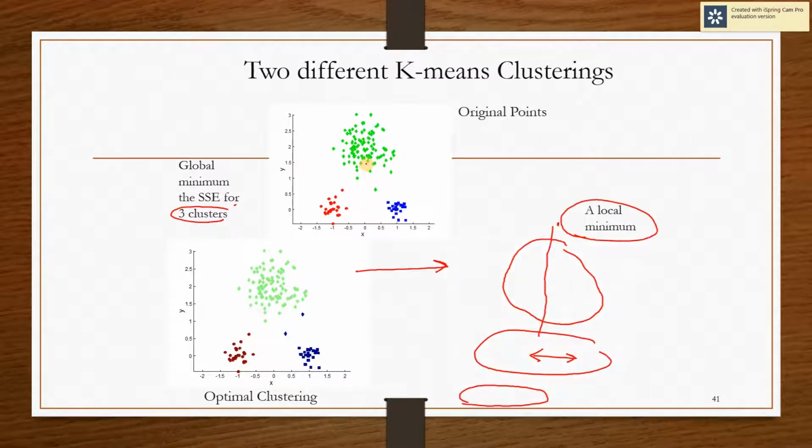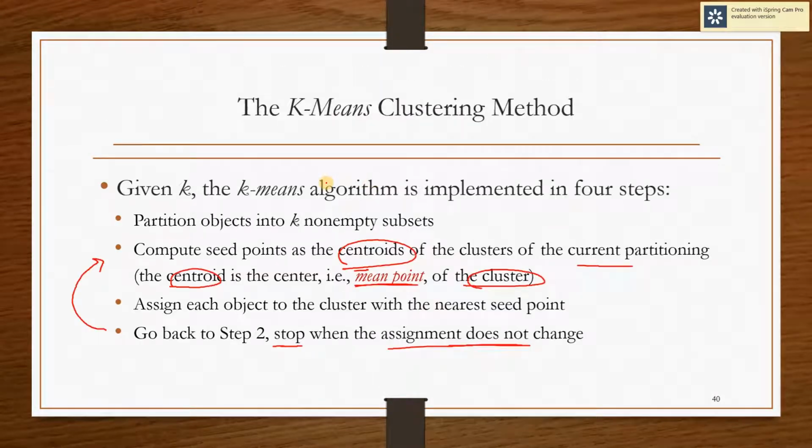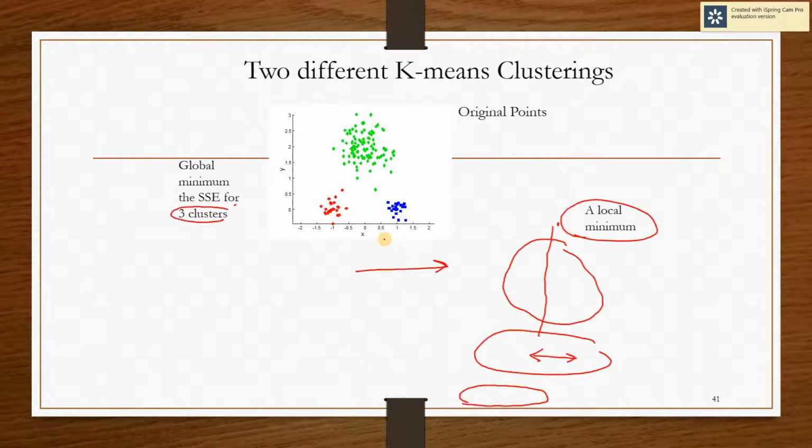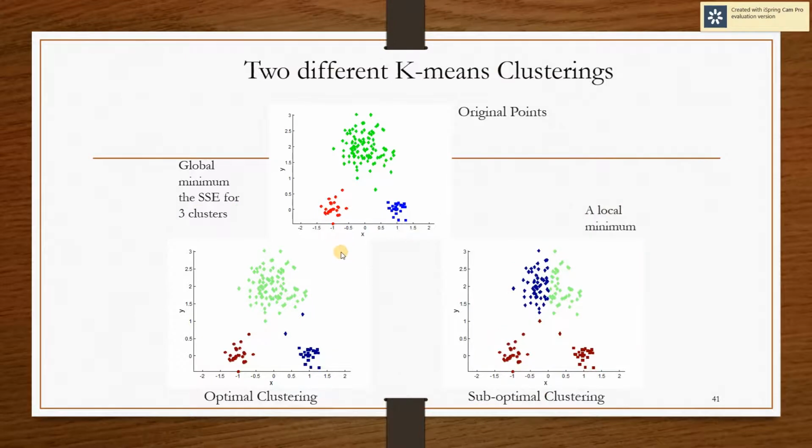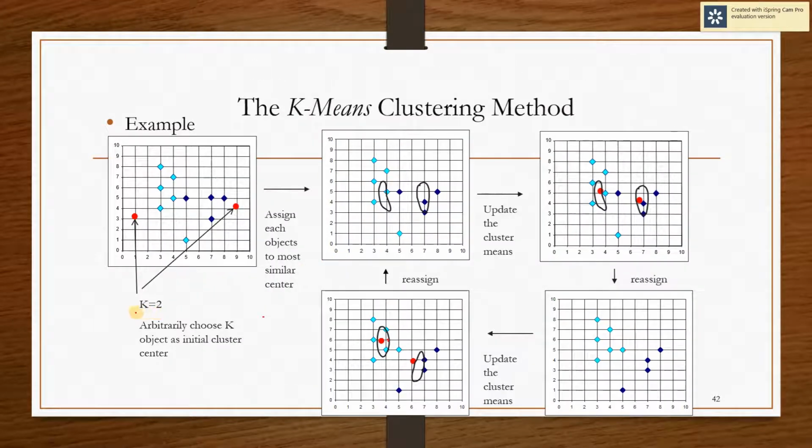So let us go back and refer to your slide here. First things first, you need to partition objects into k non-empty subsets. For example, you say that you want your k, or your clusters, to be 2.